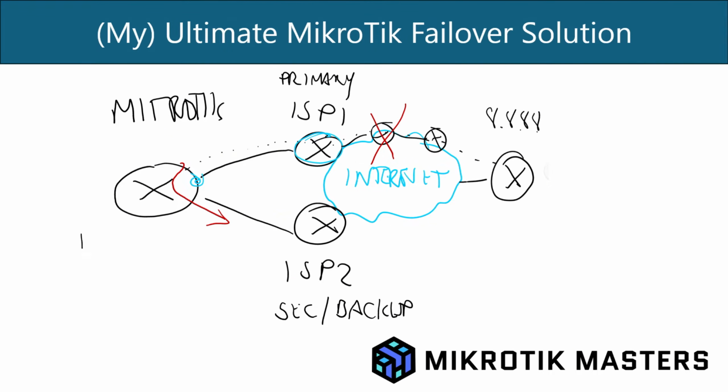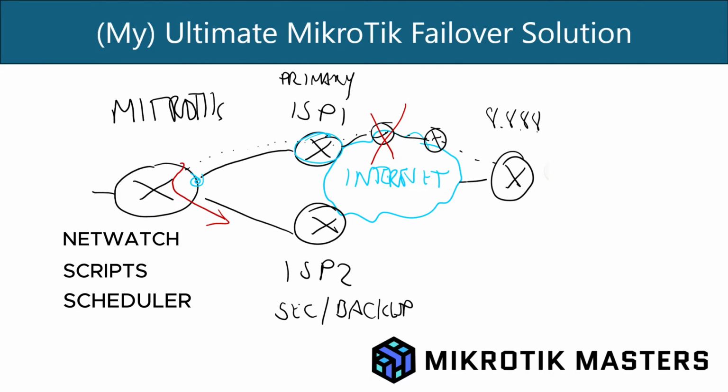Okay, so we're going to do that by a combination of Netwatch scripts and a scheduler. And here we're going to have a PC connected, which we're going to test from.